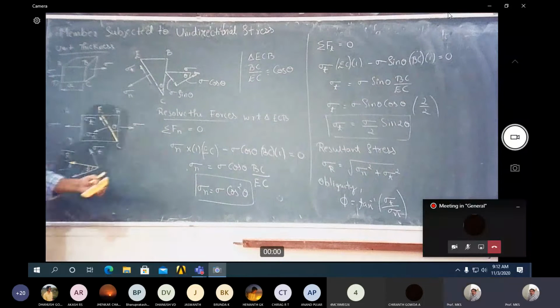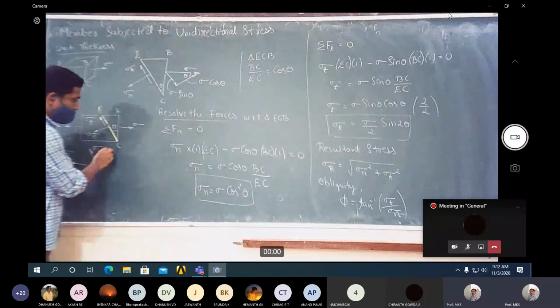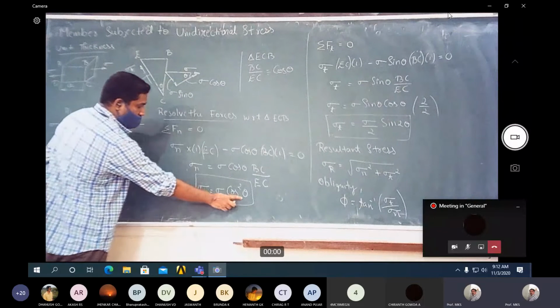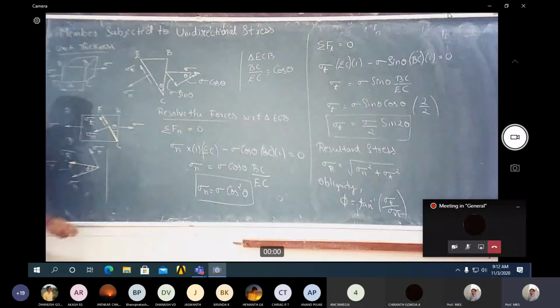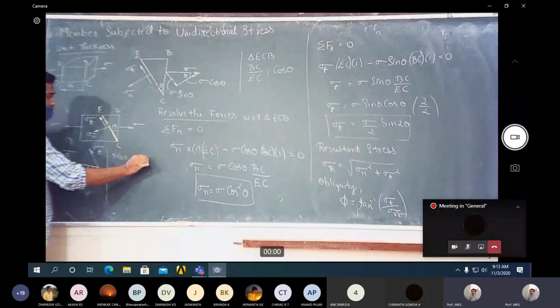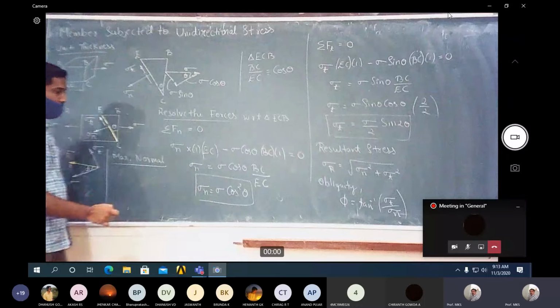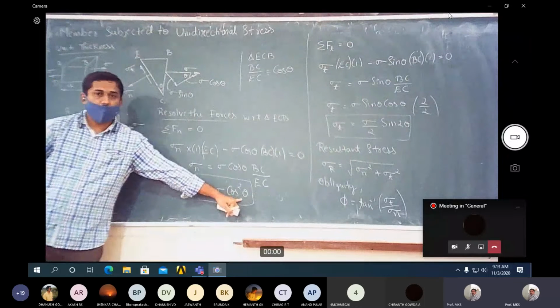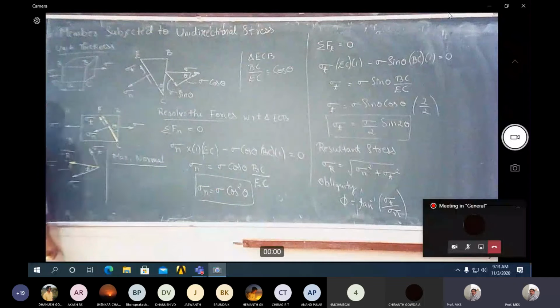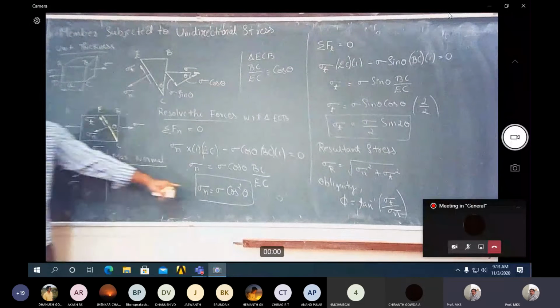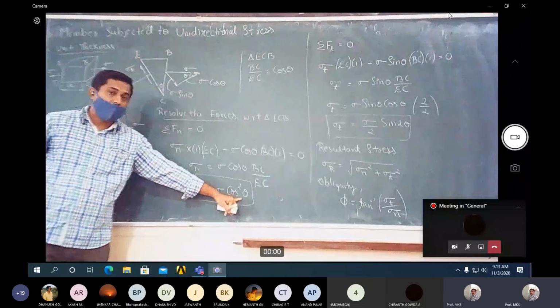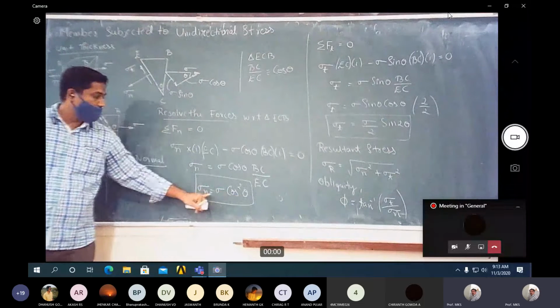From the equation, if you substitute theta, maximum normal stress exists when theta is equal to 0, since cos 0 is 1. When you give theta is equal to 90 degrees, you will get normal stress as 0.